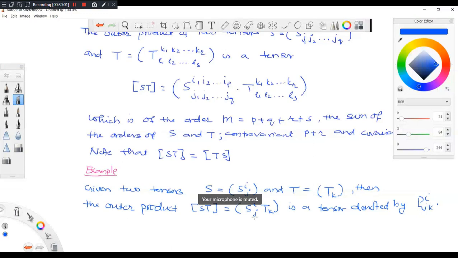One contravariant, two covariant. So the indices are added up: here it is 2, here it is 1.